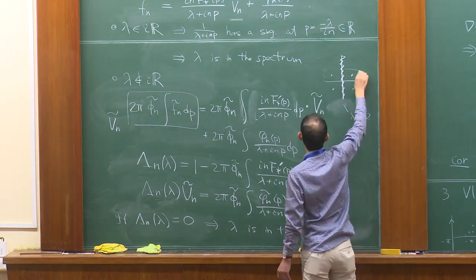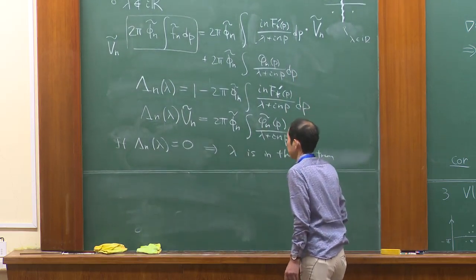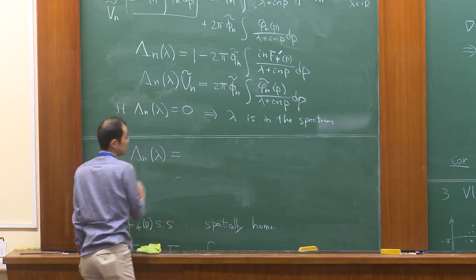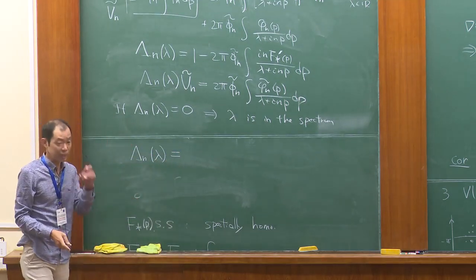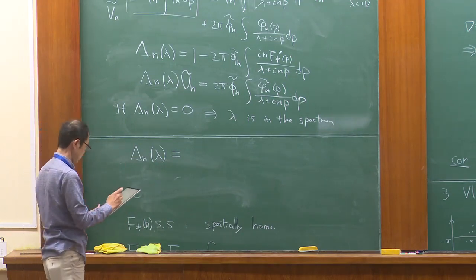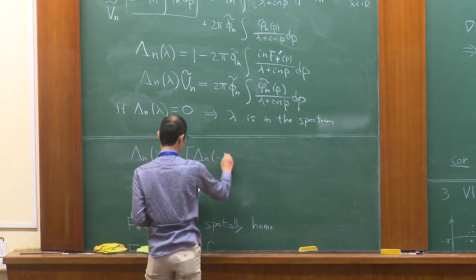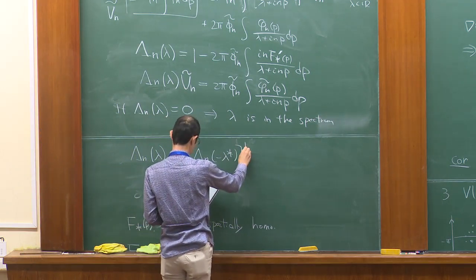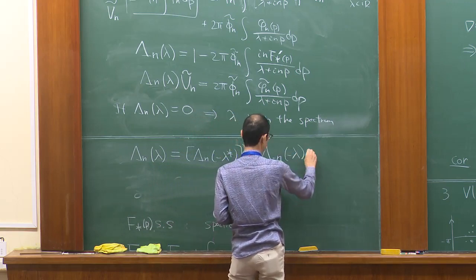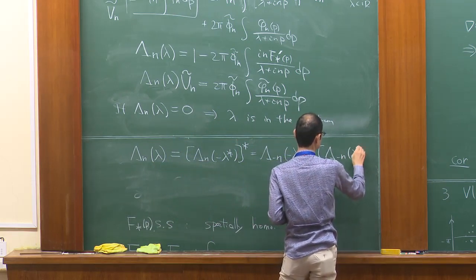And to describe this figure, so this function has a great symmetry, which is minus lambda star and minus lambda, equal lambda minus n and lambda star.